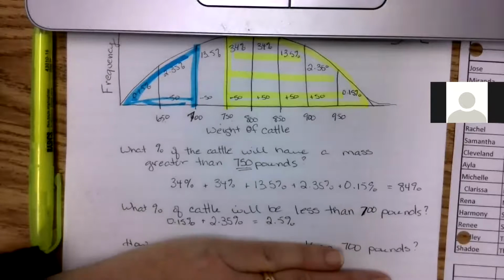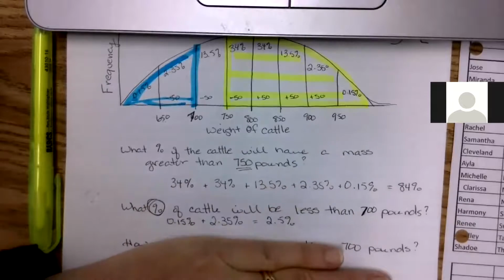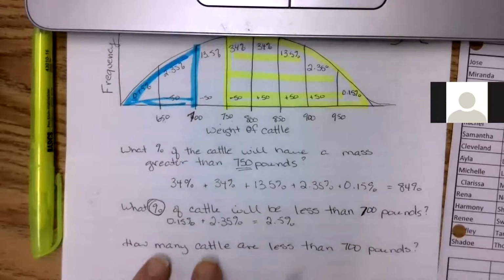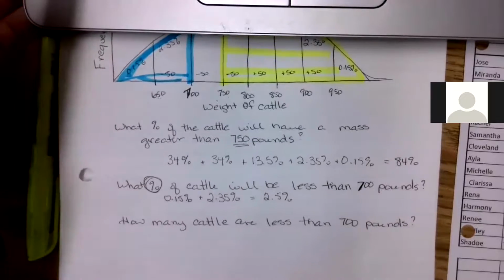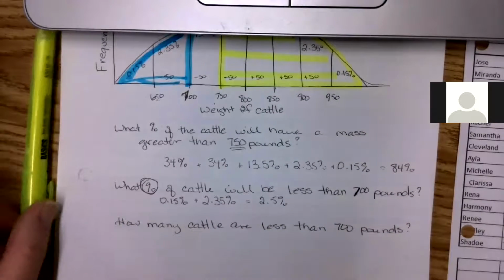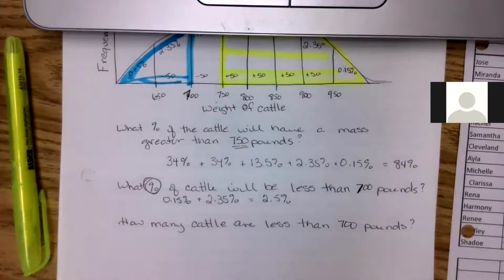What did this question ask us to figure out? What percent of cattle will be less than 700 pounds? Right. We were looking for percent. This one is not percent. It's actually how many cattle. Okay. So it's a slight difference. You have to really watch. If it's what percent, they're super easy. When it doesn't say what percent, then there's just an extra step.